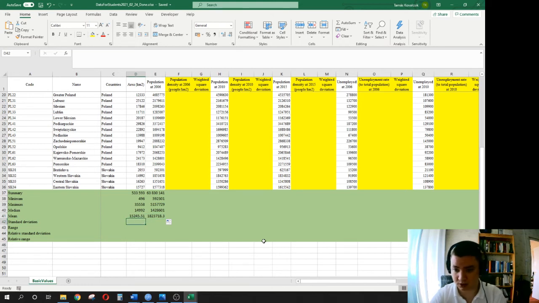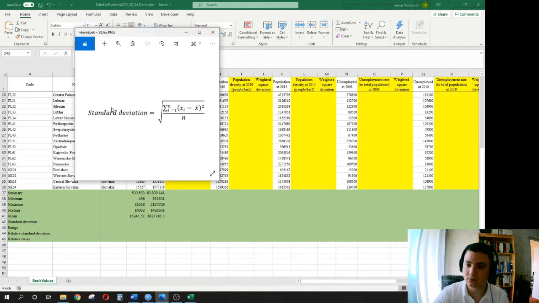So the standard deviation is, let's show the formula. It's a little bit tougher than the summary formula. This is a square root of the average difference from the average.